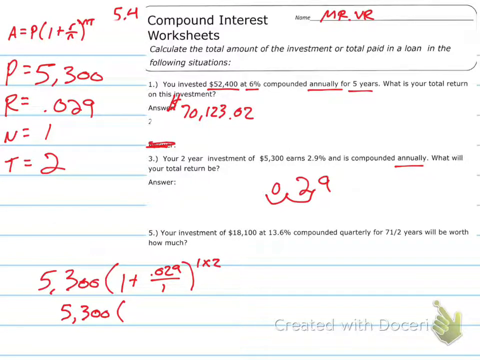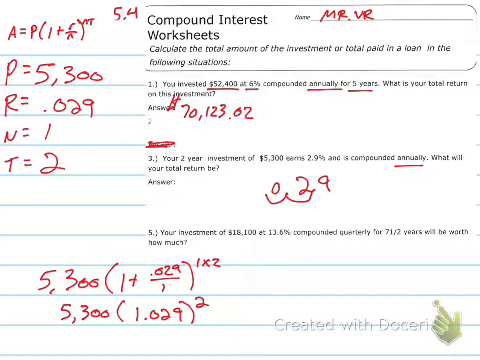So 1 plus 0.029 is 1.029. And then 1 times 2 is 2. So then I'm going to have to take the 1.029 and put it to the exponent first.